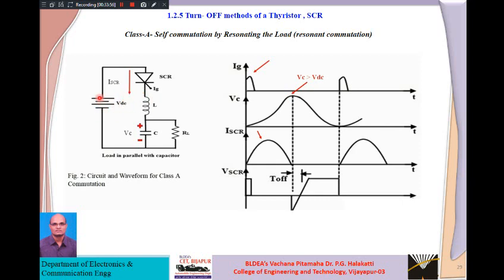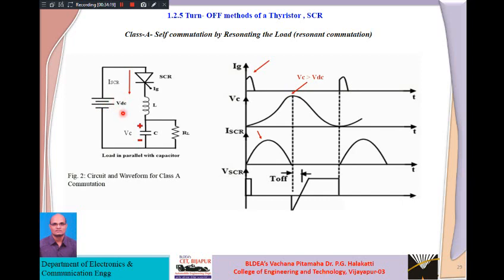In forced commutation we always use a battery, a DC power supply. You remember this, guys. Most of the time you make this silly mistake. If you show an AC supply, all your work is waste. This is very important. A DC power supply is a must in commutating circuits, forced commutation.